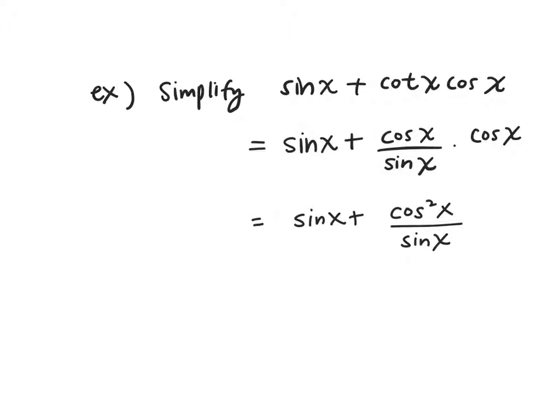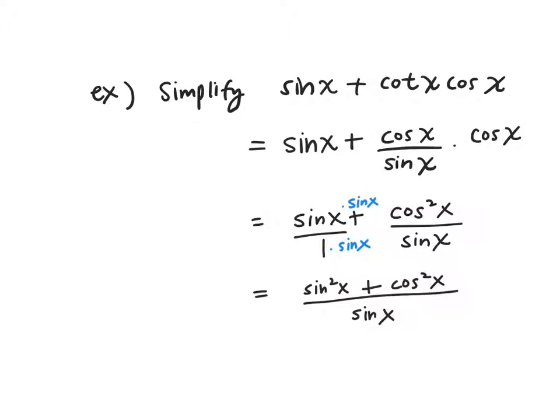And notice sine of x is really also over 1, right? So I can combine these two fractions together by getting a common denominator. Okay, so when I get a common denominator of sine of x, I put that as my same denominator here, over a single fraction, I get sine squared x plus cosine squared x all over sine of x.